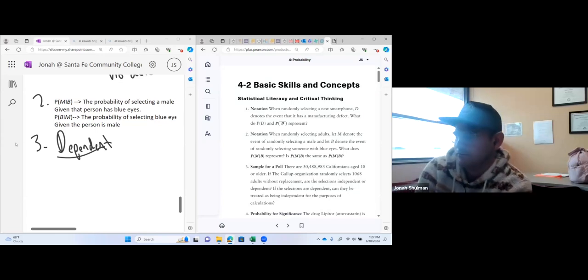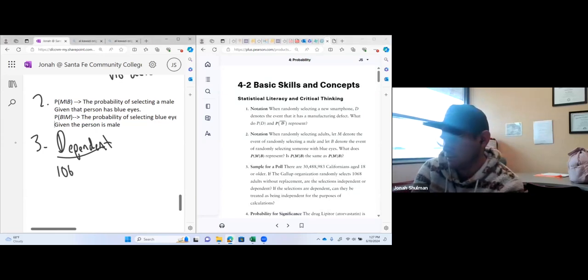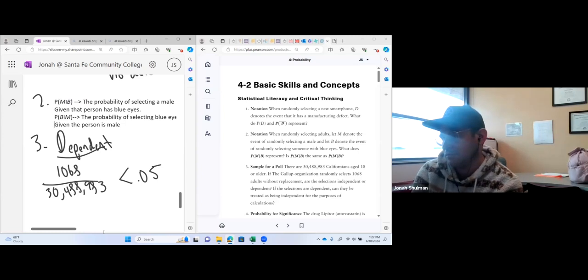So let's see. Is 1,068 over 30,488,983 less than 0.05? If it is, we can claim it's independent for stats.